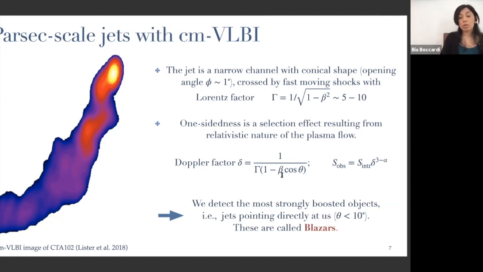So if a source points directly towards us, so if it forms a small angle theta with respect to our line of sight, we're going to have a large Doppler factor, and therefore the emission is going to be much stronger than intrinsically. And this is the reason why in VLBI surveys especially, we mostly detect blazars, which are objects with jets pointing at an angle, let's say less than 10 degrees with respect to our line of sight.